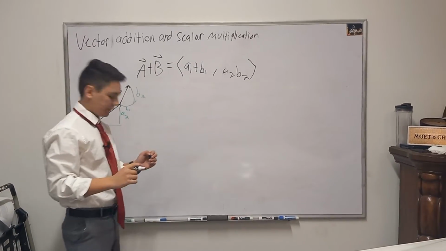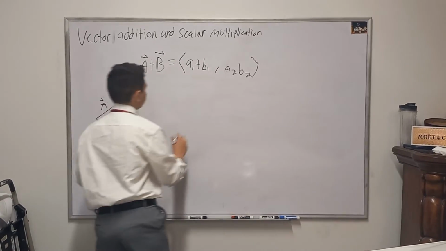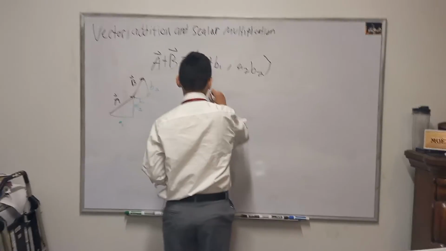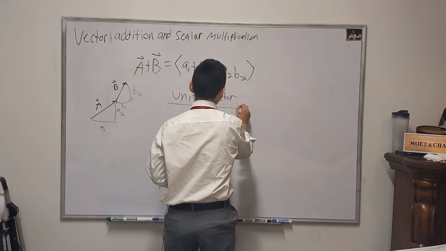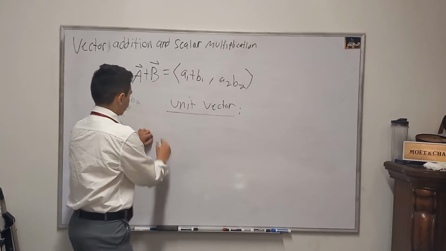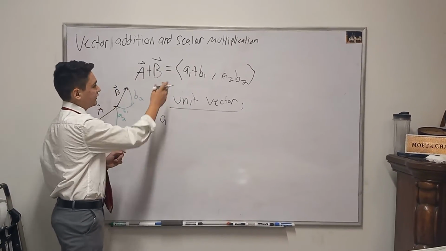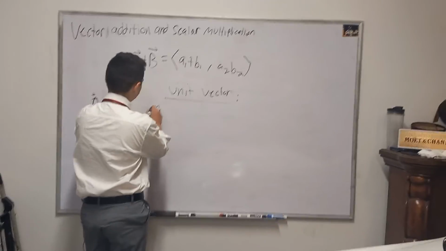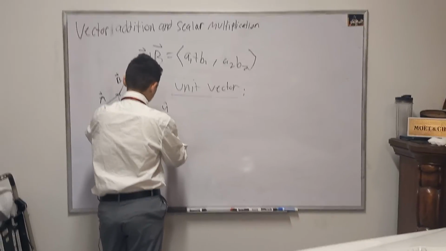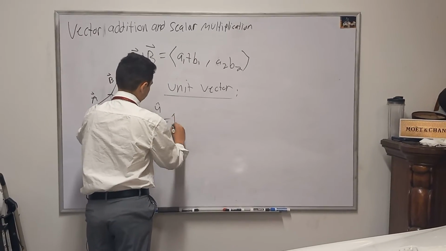Oh, I also forgot to mention, there's something called a unit vector. So a unit vector is in the notation with this little hat symbol, like we see in I hat, K hat, J hat. So this indicates that the length of this vector is equal to 1.